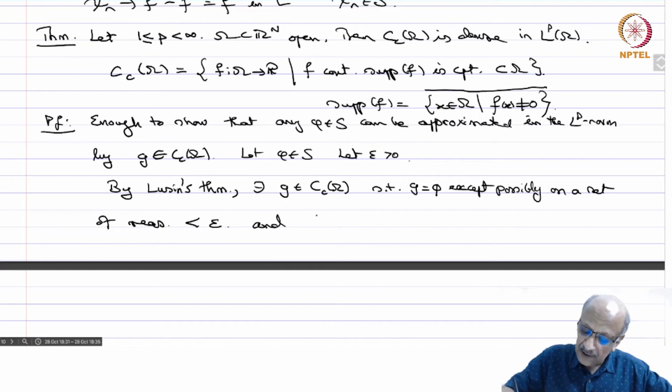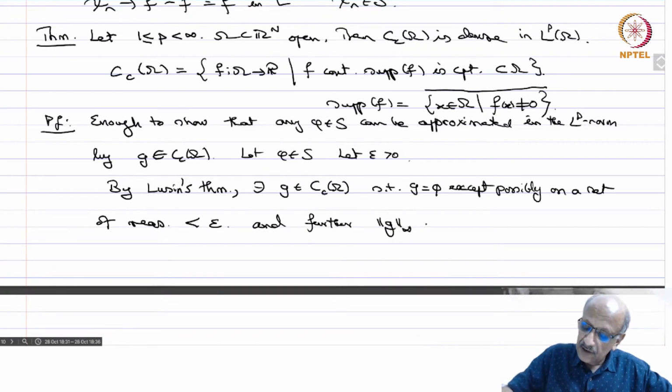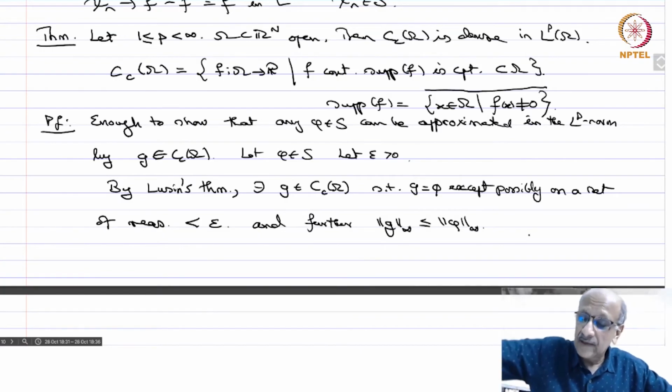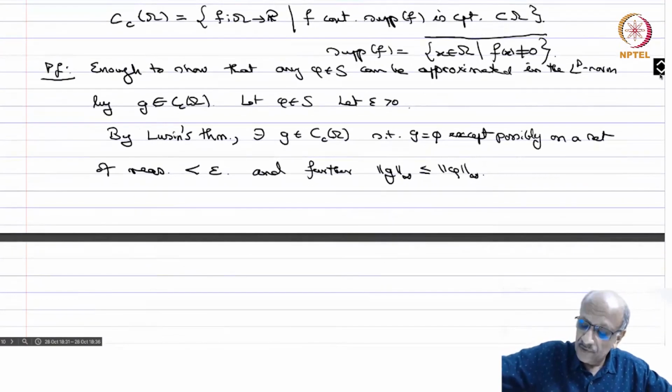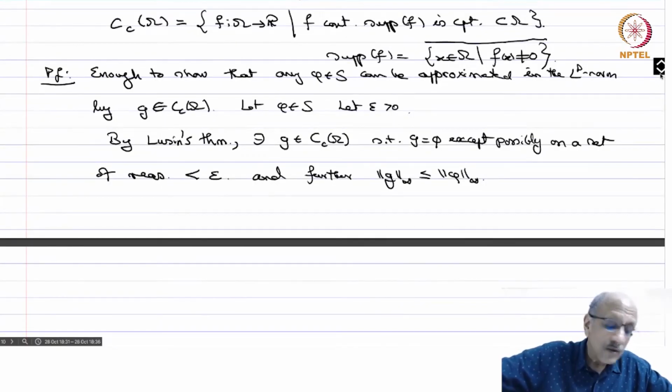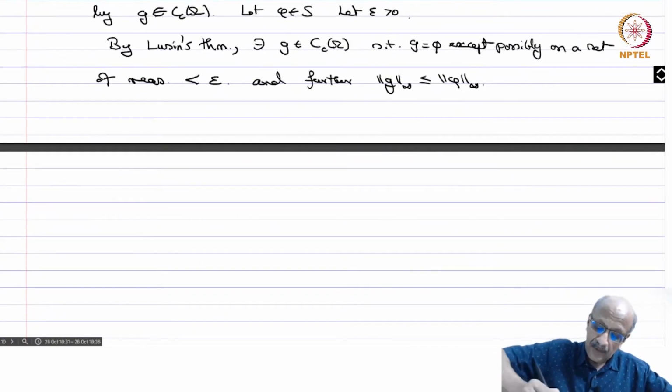And further, the norm of G in infinity, its sup norm, is less than or equal to the norm of phi in infinity, since phi is also in L infinity, as I remarked earlier, and therefore you have this. Okay, so then what do you have?